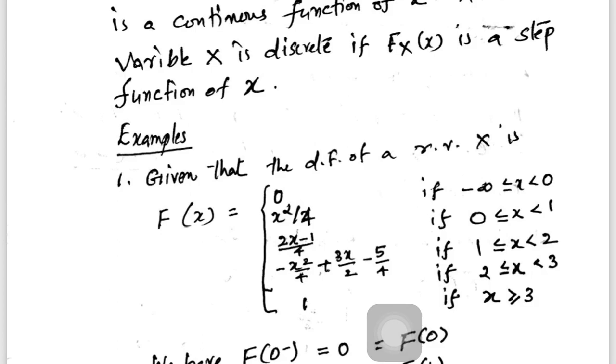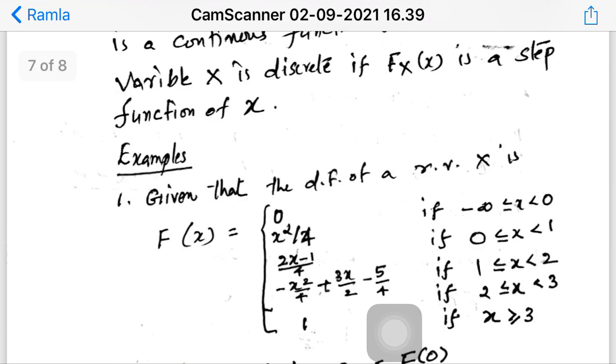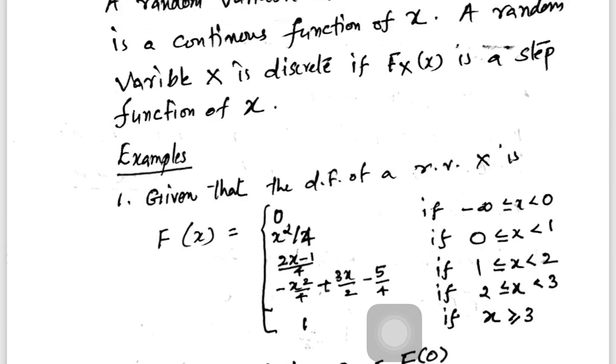Okay, if it is a jump function, then you can see that there is a discontinuity at that jump point. And you see what type of distribution this is for the random variable X. Consider this distribution function. To check it, you can verify capital F(x) at some particular value.